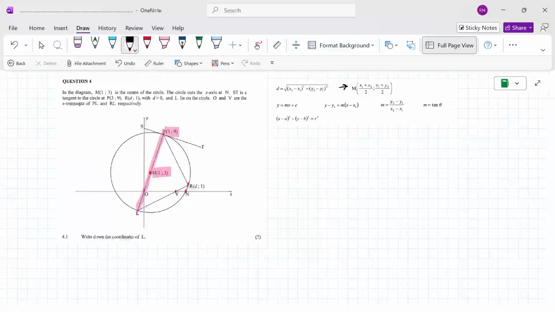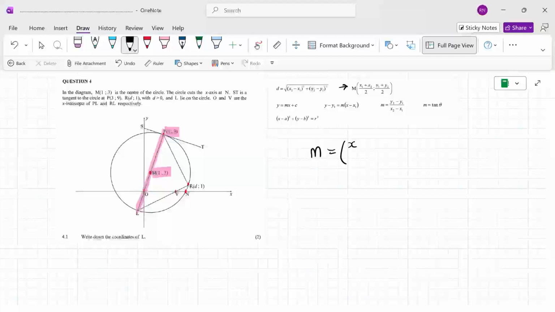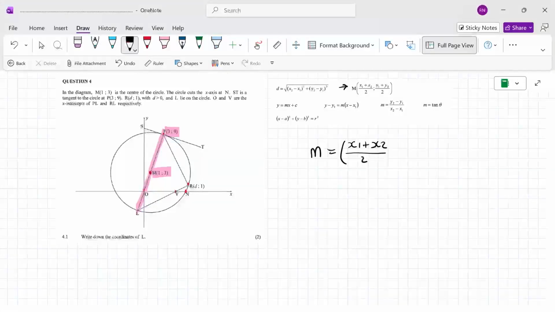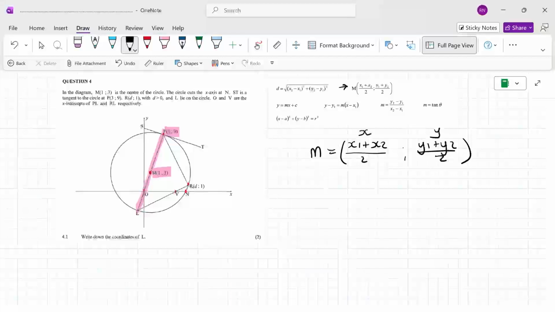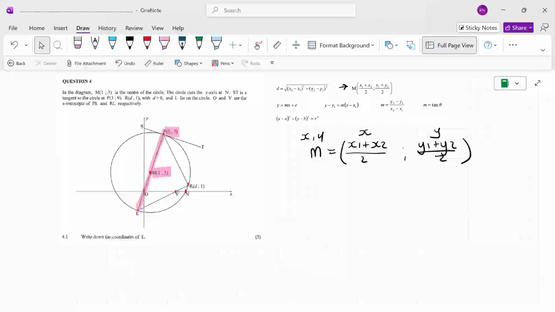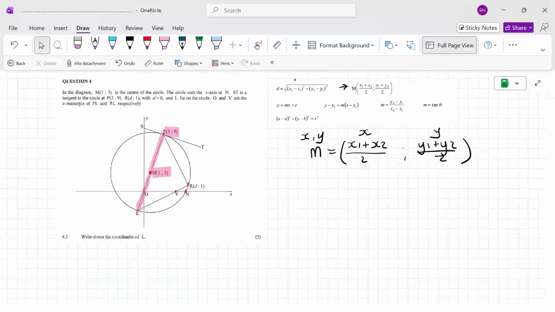Our midpoint formula says that our midpoint is x1 plus x2 over 2, y1 plus y2 over 2, right? So our midpoint gives us an x value and a y value, and in this case, the x and y values are 1 and 3, right?